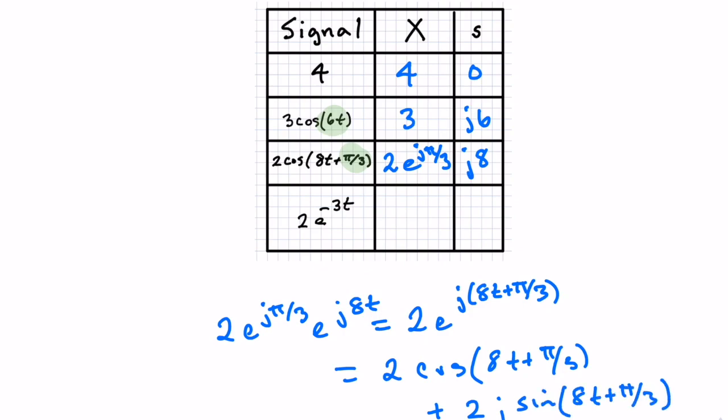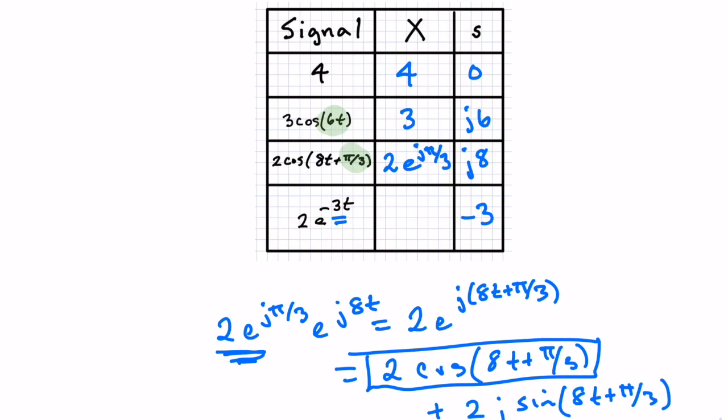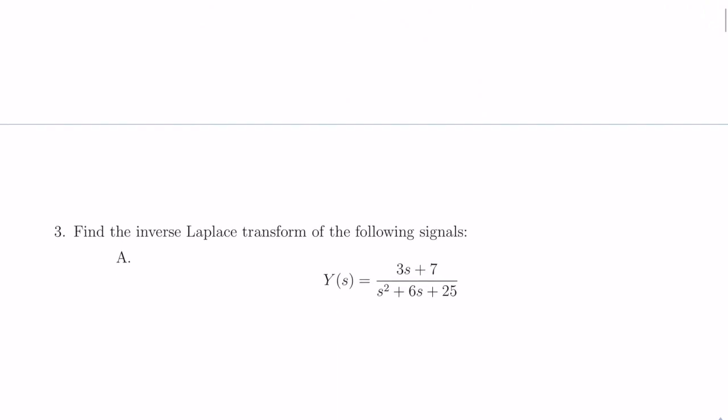And then, of course, we take the real part to model the cosine. So that's why you need this e to the j pi over 3 out in front. And then the last one is just a real exponential, so this s term would be minus 3 and the x term would be 2. So that's problem number 2.